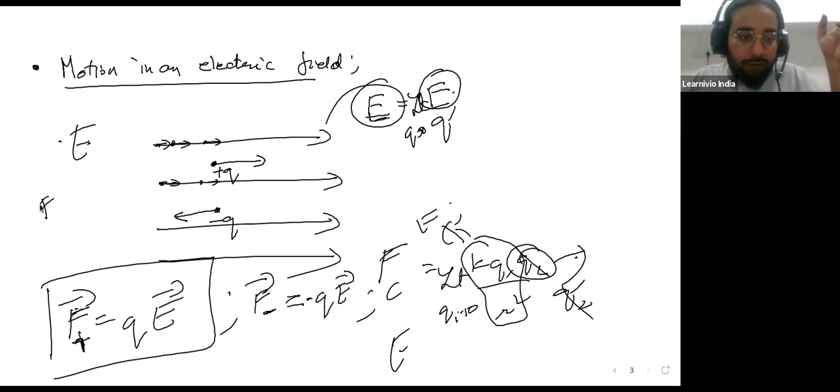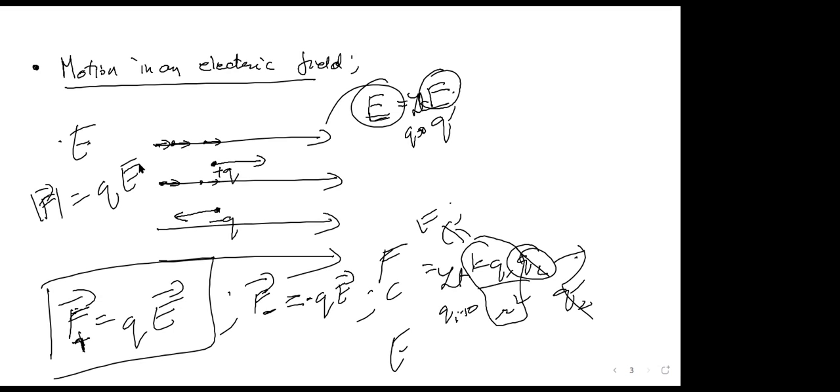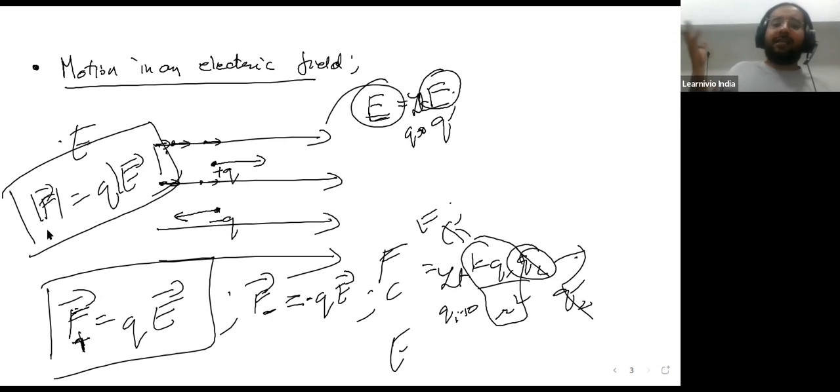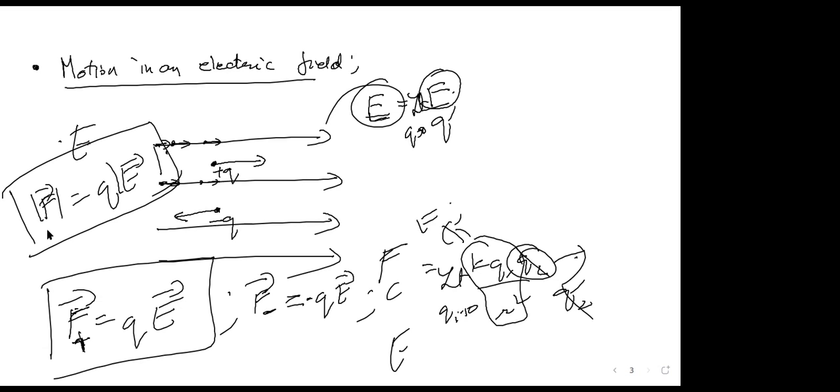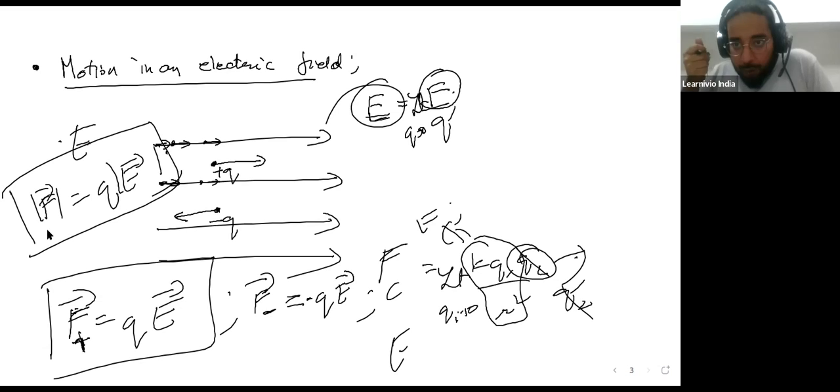So the magnitude of force will always remain q times the magnitude of E. Just by knowing the electric field and the charge, you can calculate how much force there is.